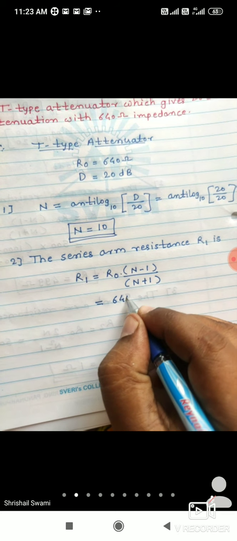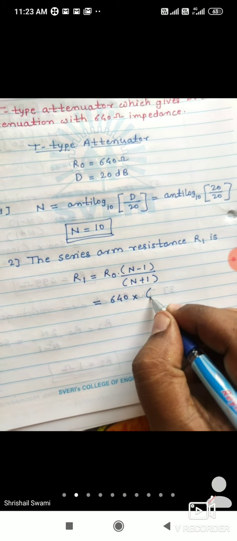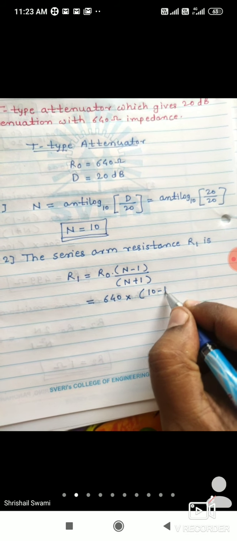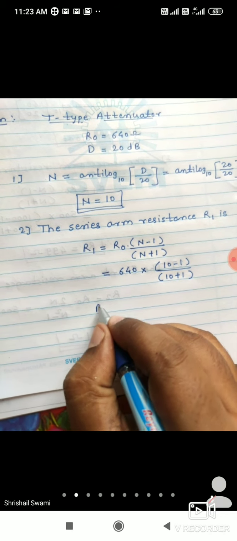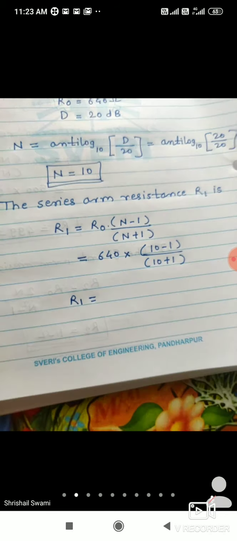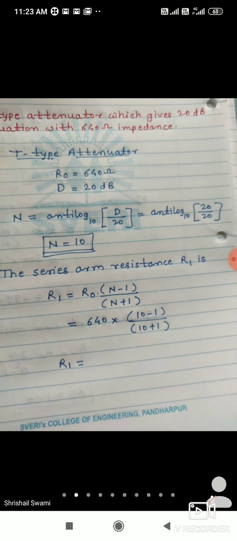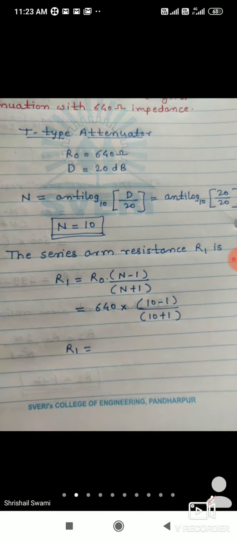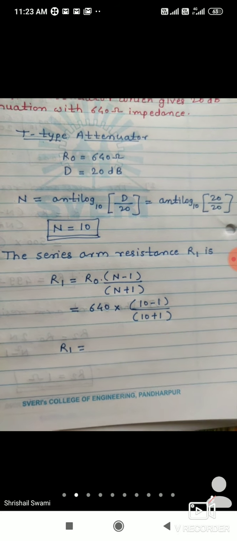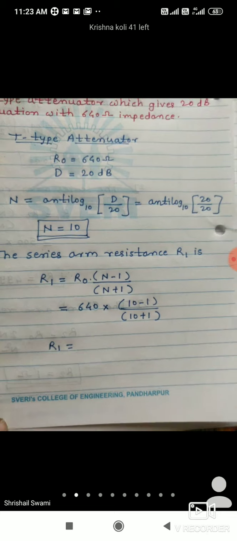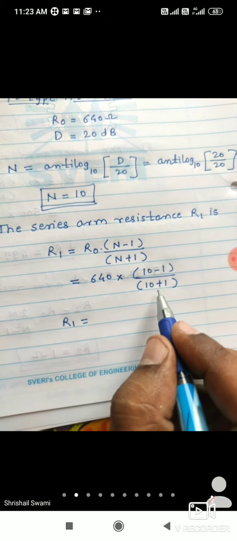R0 is 640 into, N is 10, 10 minus 1 divided by 10 plus 1. Anyone calculate and tell now, quick. 640 into 9 upon 11.